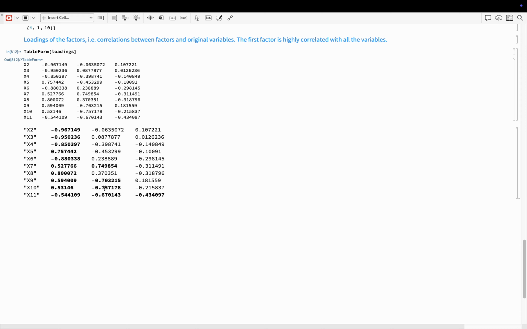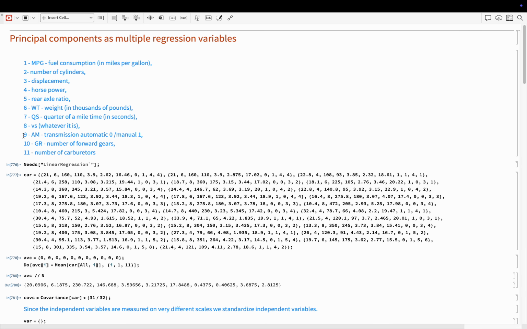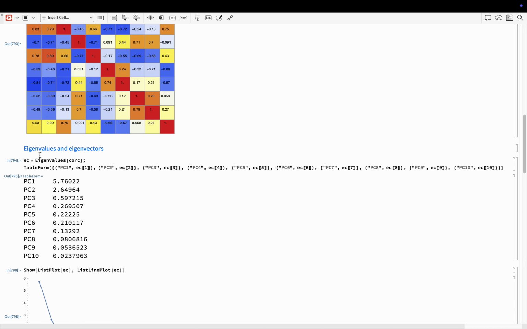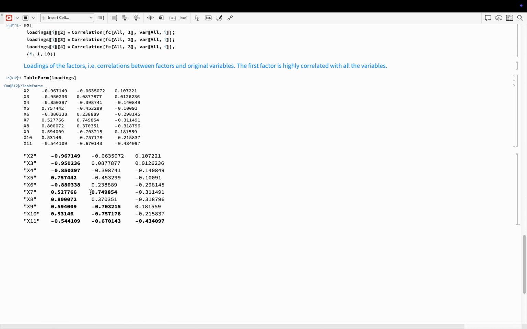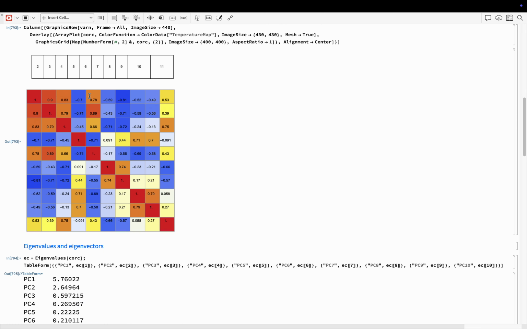And the second principal component has those 3 last variables: the type of transmission, number of forward gears, and number of carburetors. So these are definitely technical data that contain information about the construction of our car. And there is X7. What's X7? X7 is quarter mile time in seconds. Yeah, so this is the performance variable.